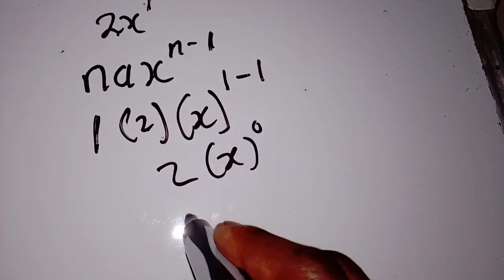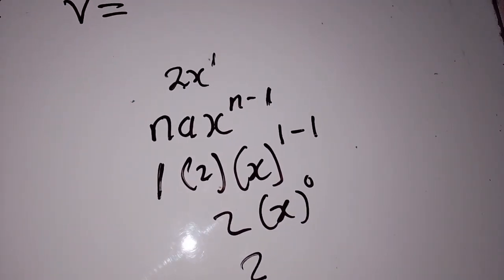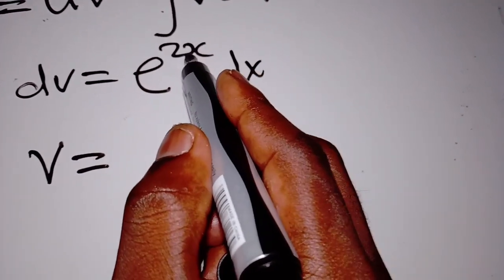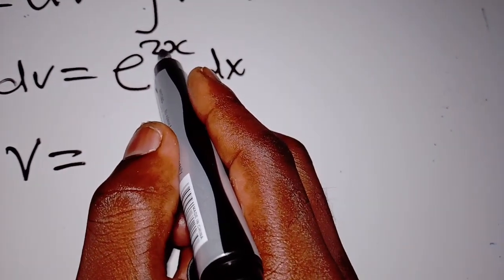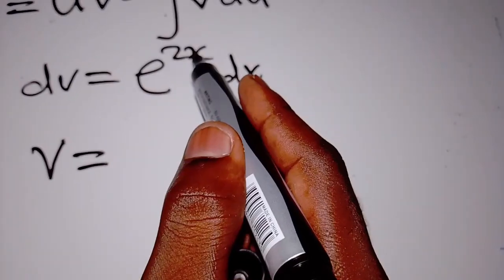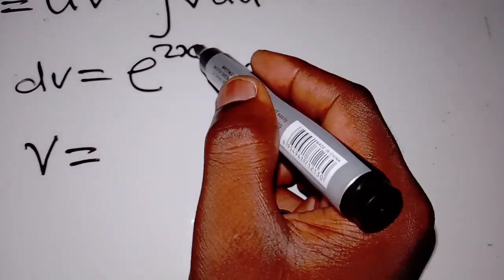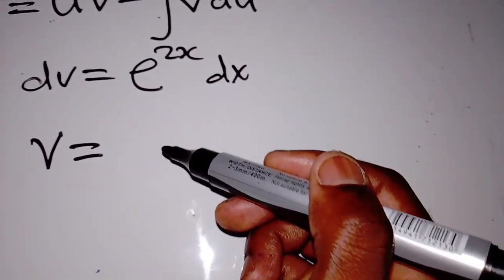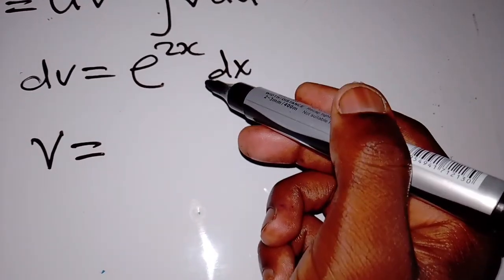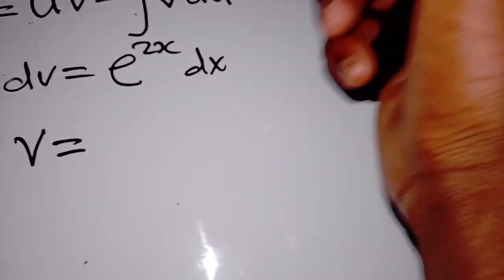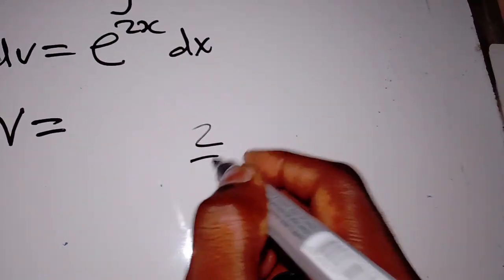So 2 times 1 is just 2. So if you differentiate 2x, you just get 2.